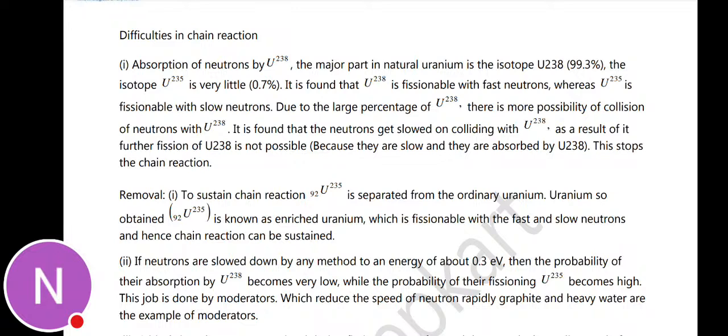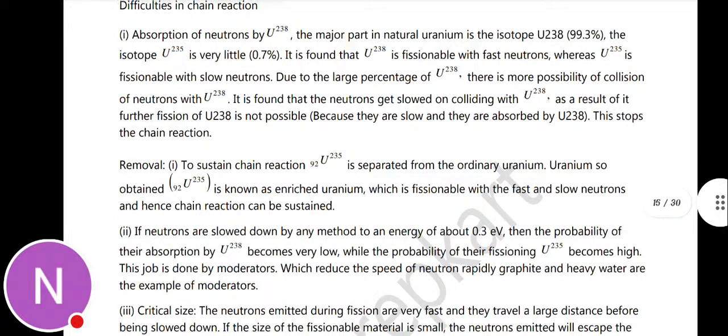It is found that uranium 238 is fissionable with fast neutrons, whereas uranium 235 is fissionable with slow neutrons.